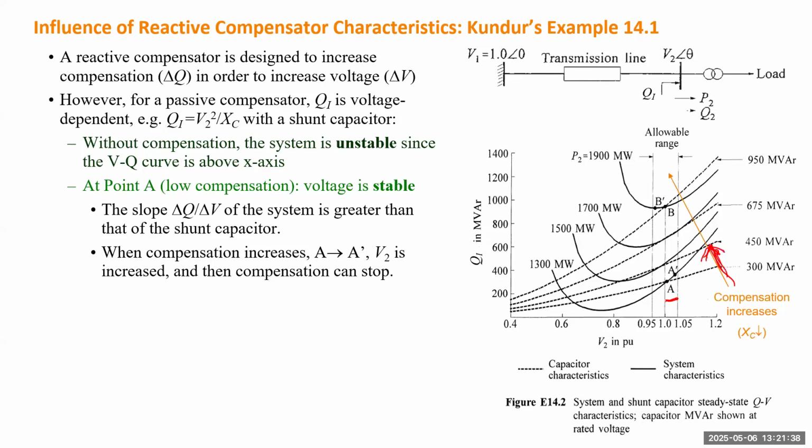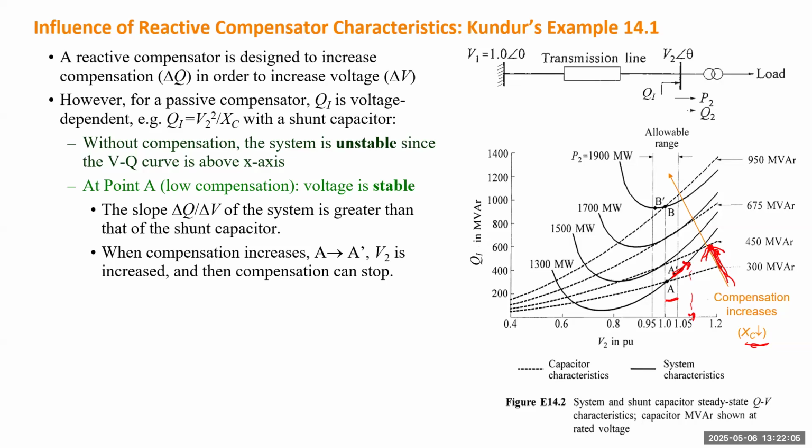This is the direction you want to increase compensation by decreasing the XC. So you are going to change in this direction. The voltage will be improved because in this direction, both voltage and Q will be increased. When you reach the new voltage condition, you can stop. So this control can be stable.